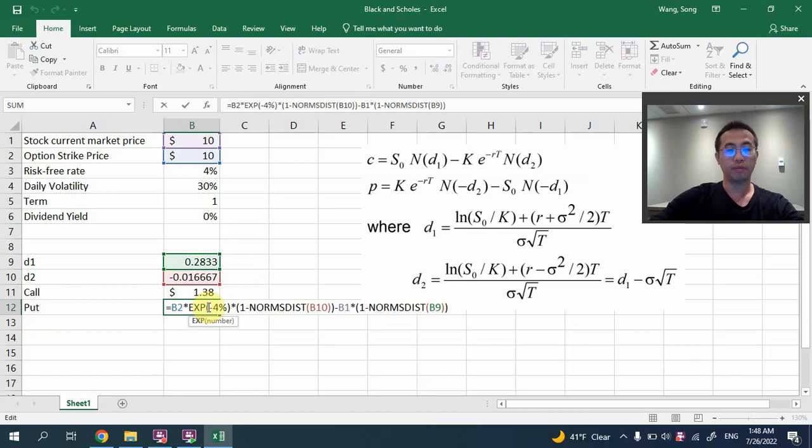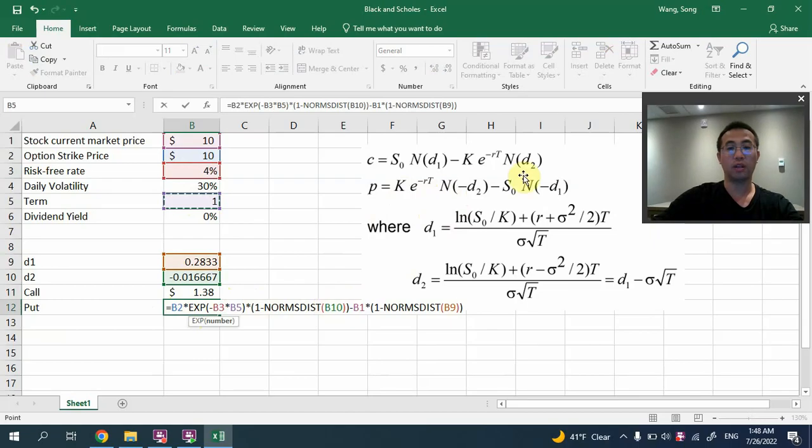And for the put option, you're going to use something opposite. So first of all, you're going to start with the strike price here, B2, times the exponent of negative risk-free rate times the term, and then times 1 minus the normal distribution of B2.